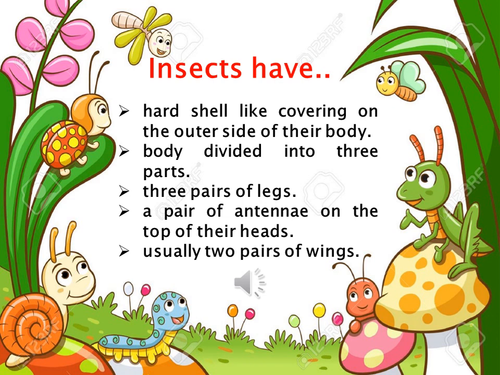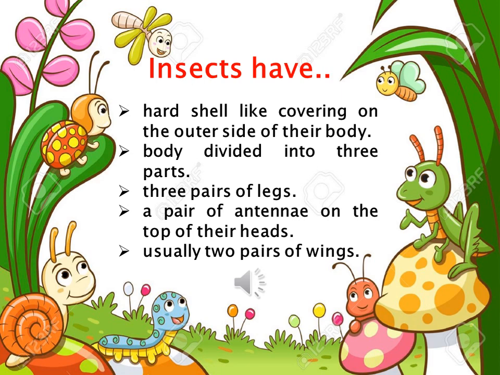Now let's talk about some of the common characteristics of an insect. All insects have a hard shell-like covering on the outside of the body, which is called exoskeleton.